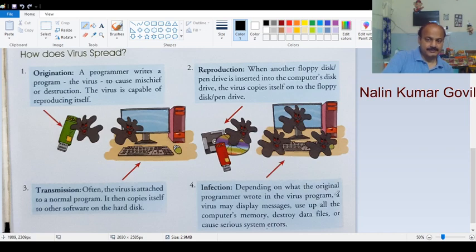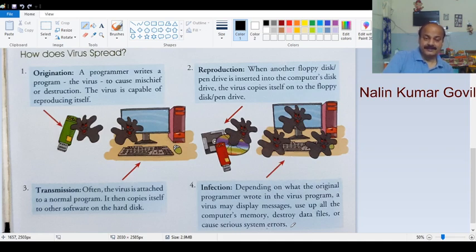Now the infection. Depending on what the original programmer wrote in the virus program, a virus may display a message, use up all the computer's memory, destroy data files, or cause a serious system error. So it totally depends on the virus created. What is the type of the virus?